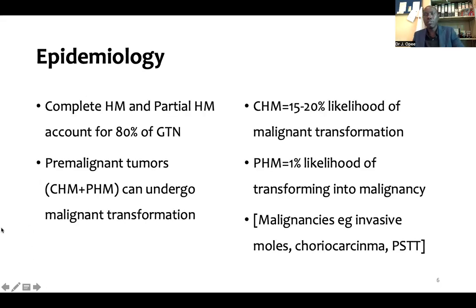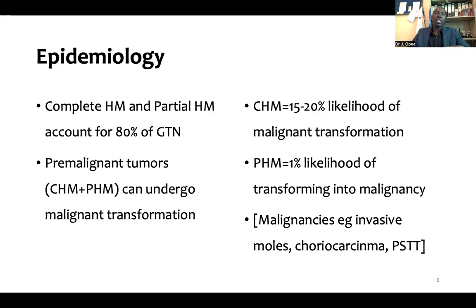Now, on the basis of epidemiology, it's sometimes important to understand what proportion of these conditions are there in our community. Yes, it is very, very important because we need to understand this and know that we need to focus our interest on this kind of condition.